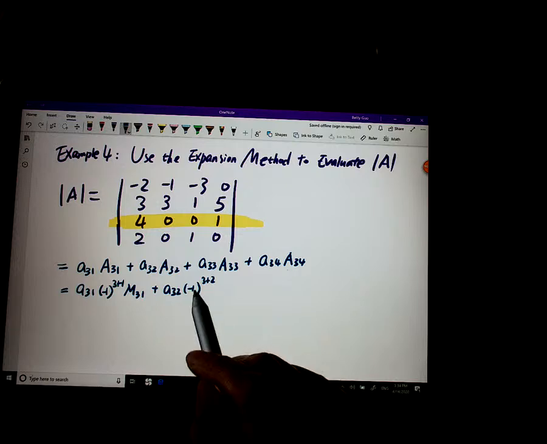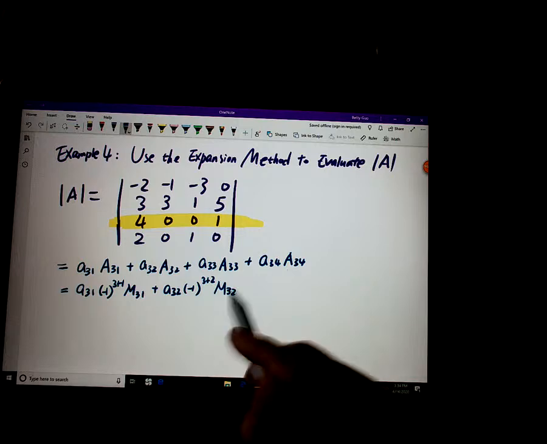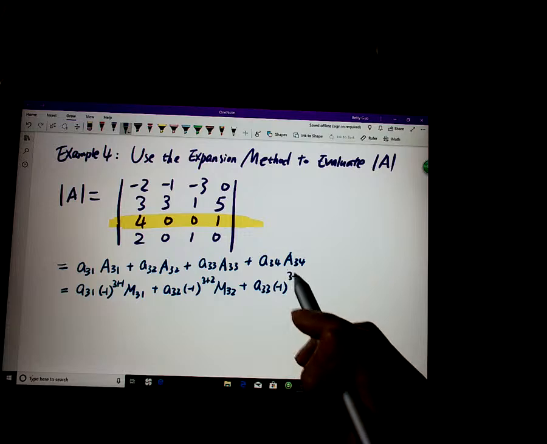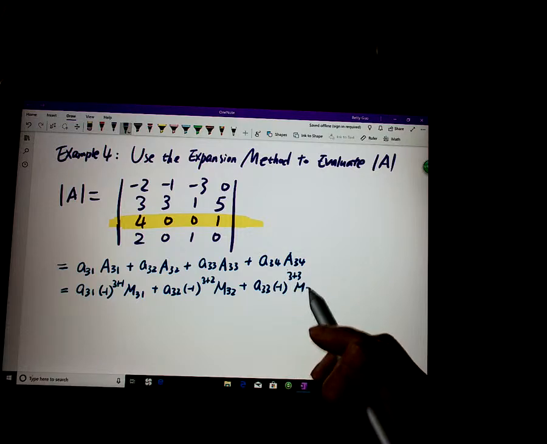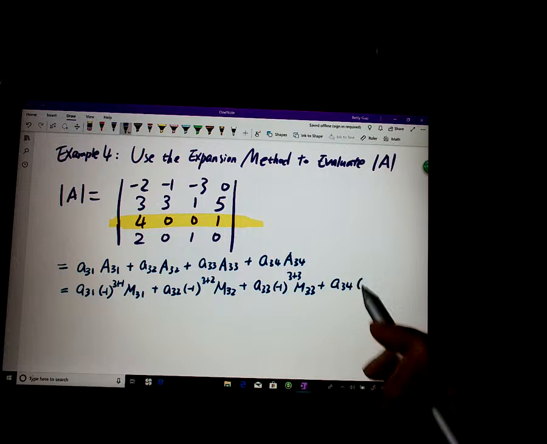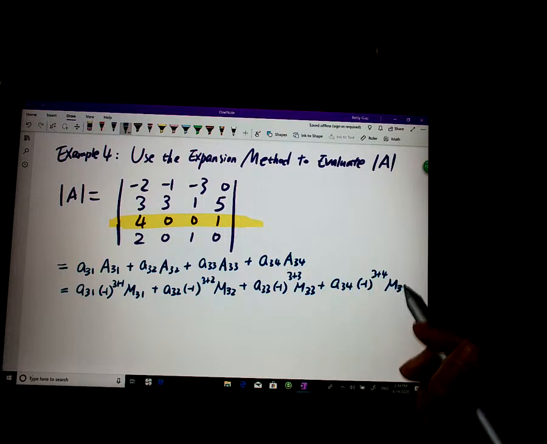How do we determine the sign here? Multiply by the minor. For the purpose of the quiz, you have to know what a minor is. And plus a33, -1 to the power of 3 plus 3, minor 33, and a34, -1 to the power of 3 plus 4, minor 34.